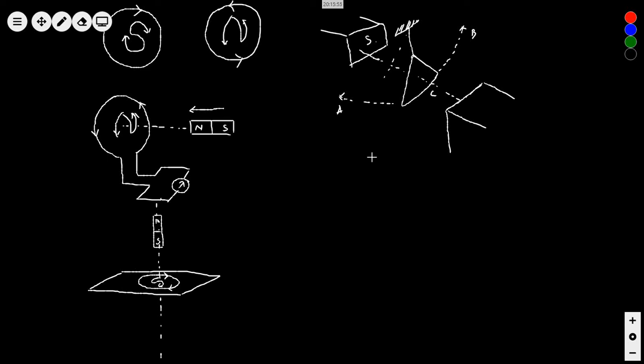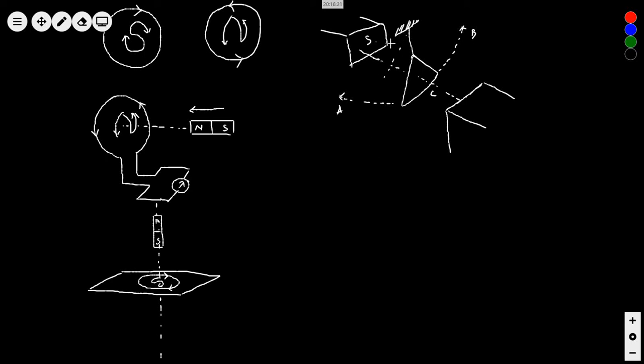From the north side it will be anti-clockwise. No. Lenz's law says it prevents the cause producing it. So when it is coming from A to C, the coil will try not to go towards C, right? As a result, it will try to repel, north-north and south-south.